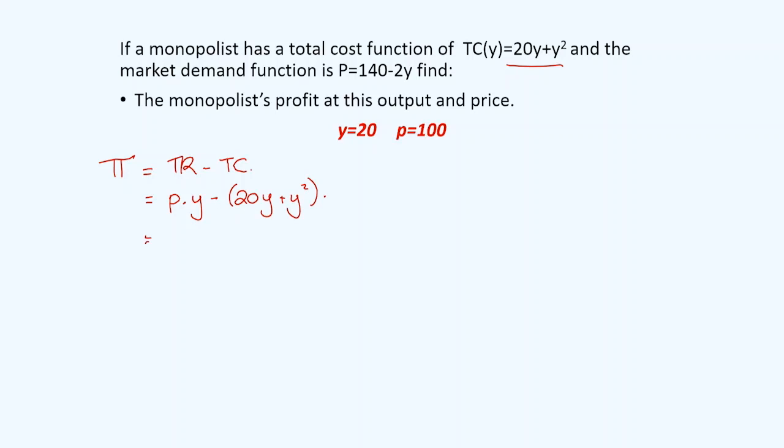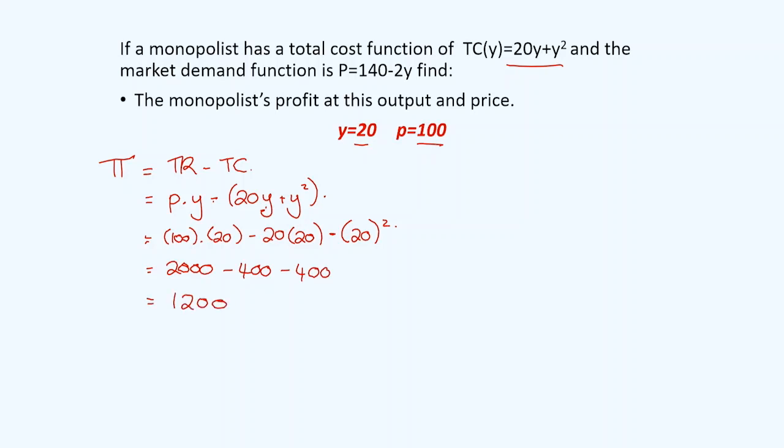Okay, so we've got our price is 100 times our output of 20 minus 20. We substitute in for y, which we know is 20 as well. And remember here we got minus times plus, so we're going to end up with a minus sign, and it's 20 squared. So we end up with 2,000 minus 400 minus 400. So that is going to give us a profit of 1,200.